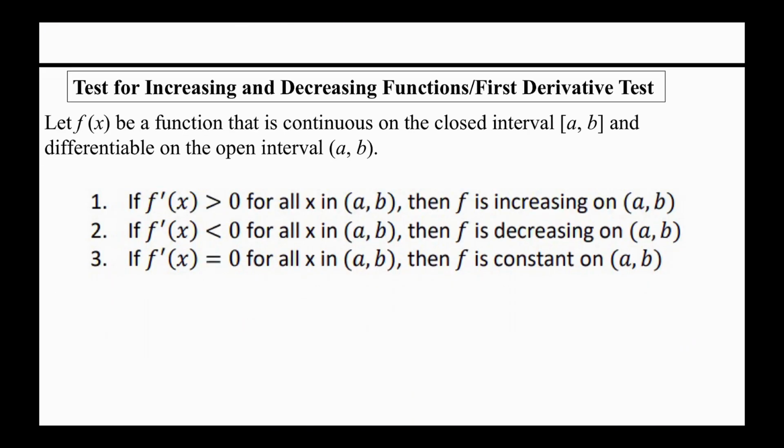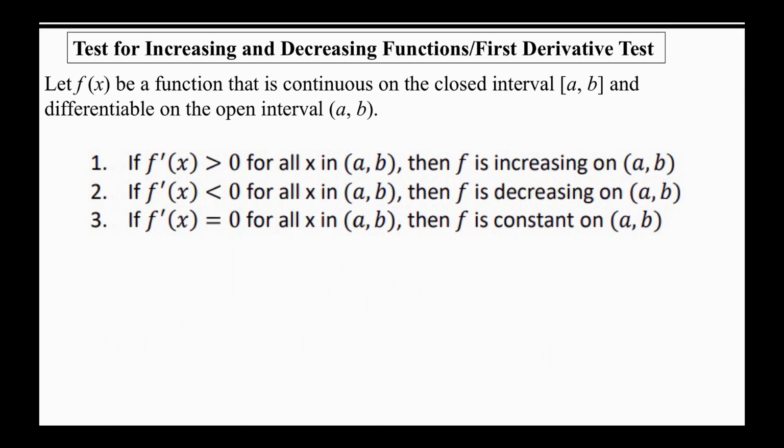Okay, so one of the ways we're going to find these maximums and minimums is the first derivative test. This is what the first derivative test says. If you read it, it kind of makes sense. It's just kind of logical. If a derivative is greater than zero, what type of numbers are greater than zero?